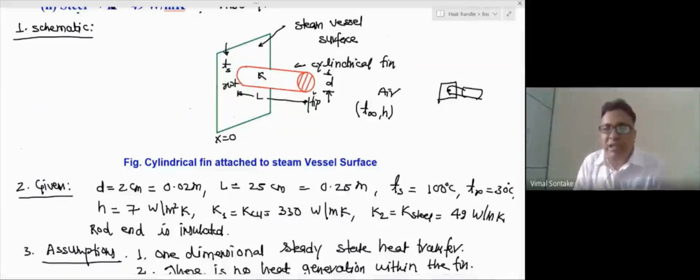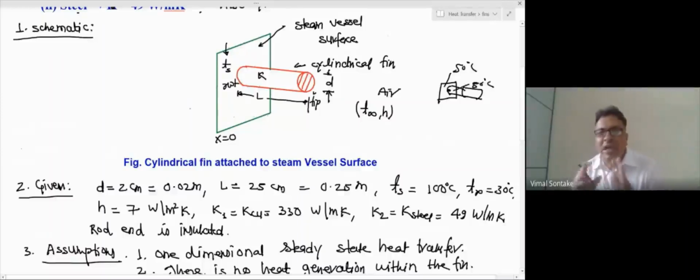Temperature drop means if this temperature is, let's say, 50 degrees Celsius, so temperature of the surface will also be 50 degrees Celsius, had there been no thermal contact resistance, when the contact is assumed to be perfect.